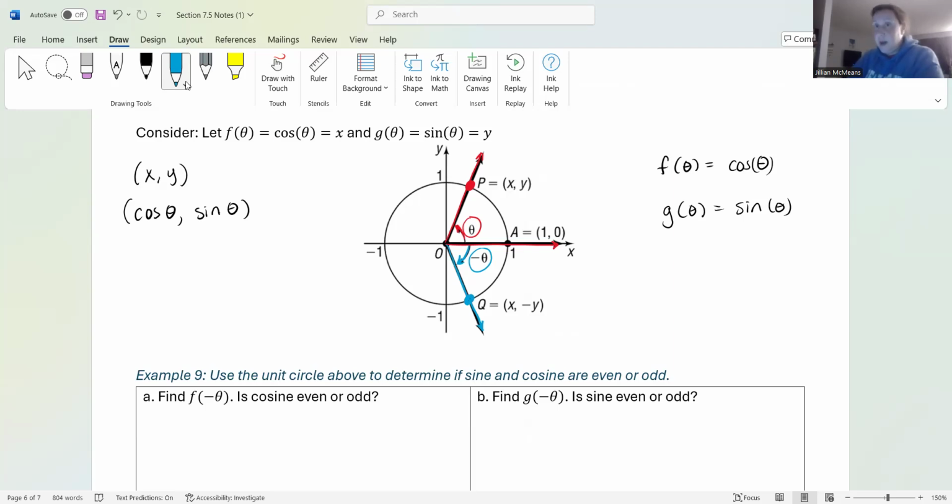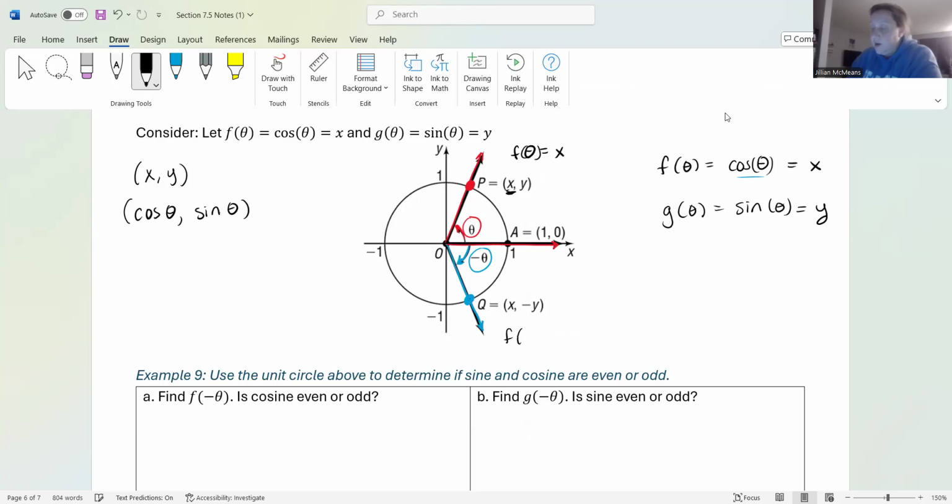Well, let's talk about f of negative theta. So f we decided was cosine, okay? So if we're looking at cosine, remember, we're really looking at the x coordinate, and for sine, we're really looking at the y coordinate. Well, when we look at f of theta, we get x, right? We get our x right here.